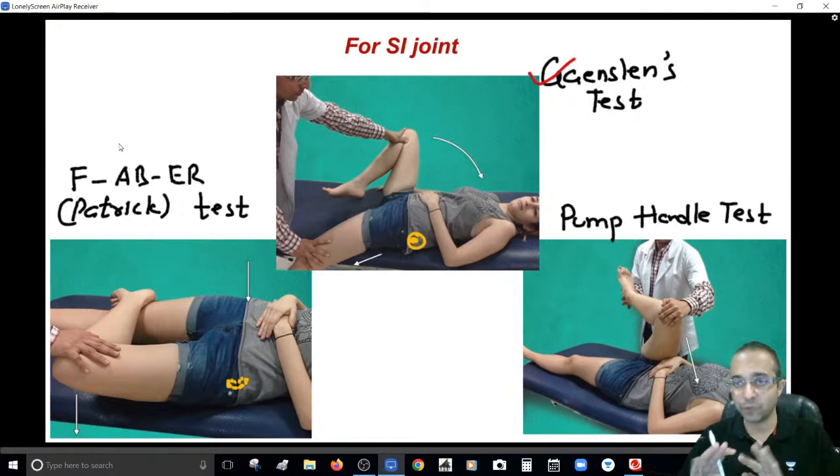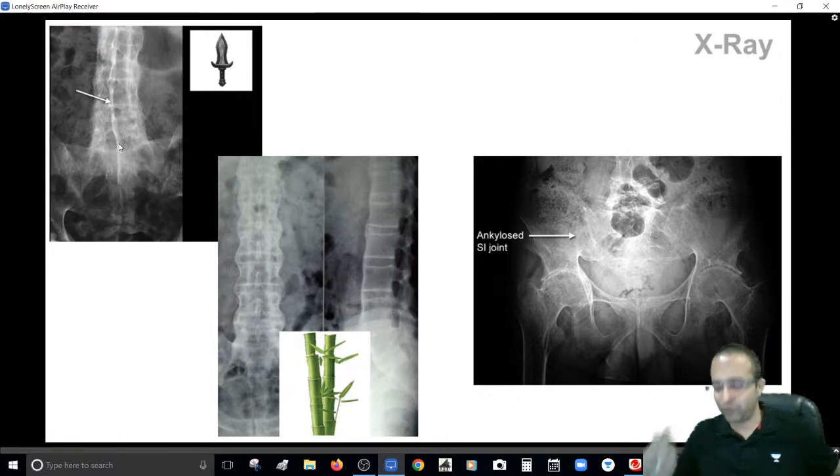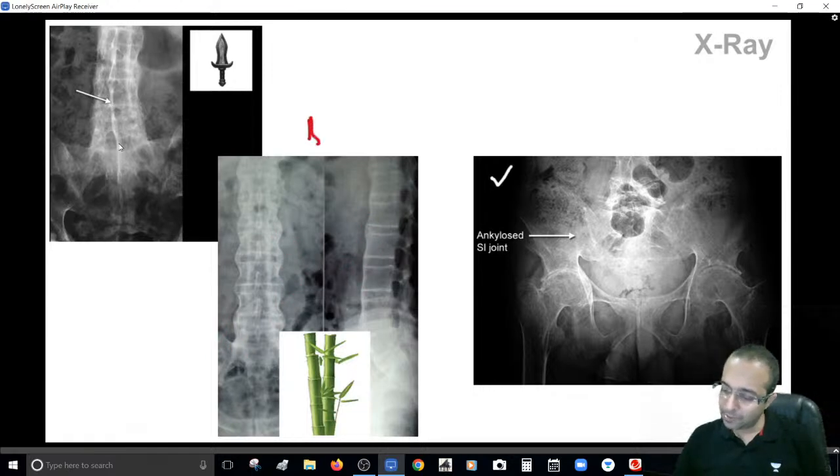Clear enough, clear enough. So can I have the thumbs up if you guys are clear with this? Now what you may find on x-rays or the imaging part in ankylosing spondylitis, well, as the name suggests, ankylosing, the joints will be fused. That could be one thing. Or you may find calcification of these longitudinal ligaments, what classically gives you what you call a bamboo spine appearance.